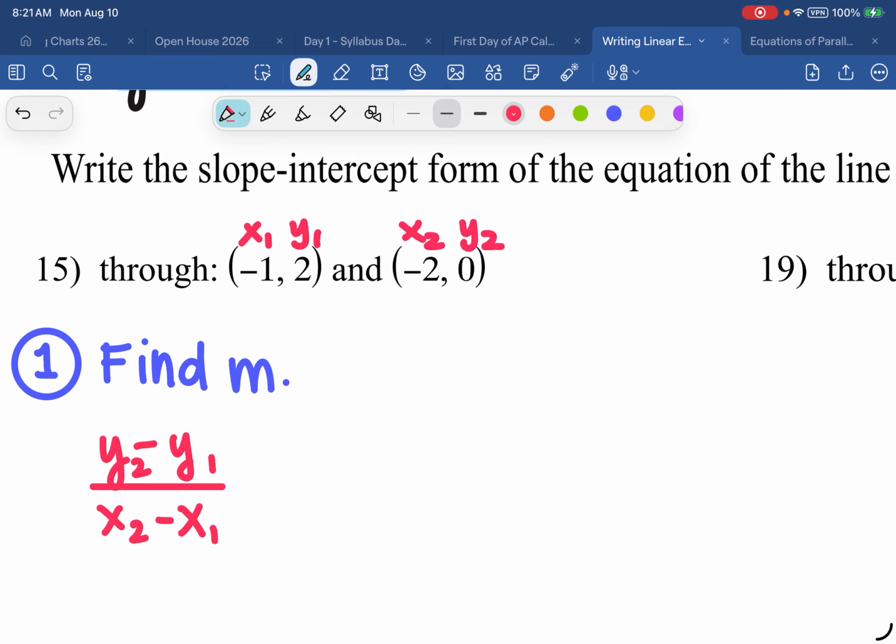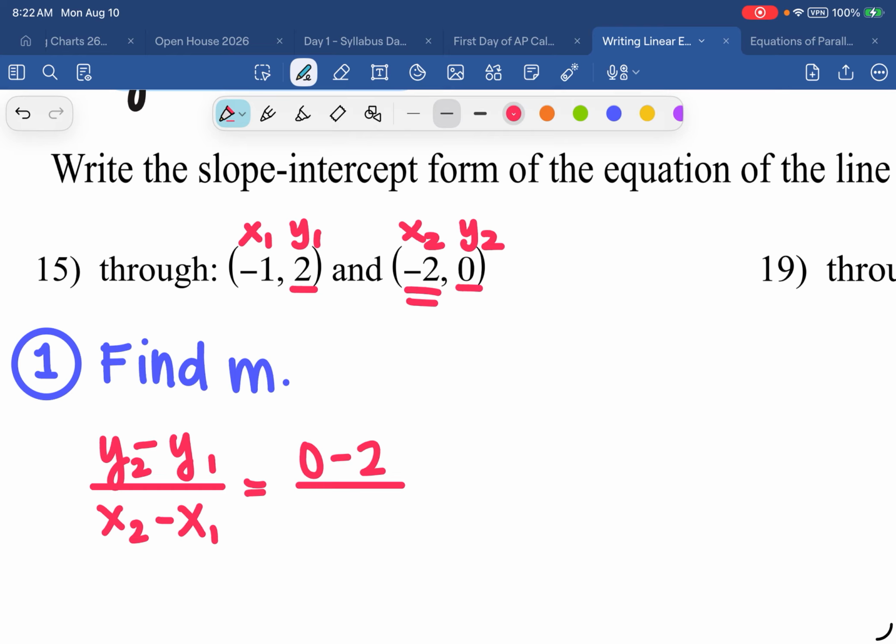Honestly, it doesn't matter which one is x1, y1 and which one is x2, y2 though. So just remember that as long as you're going the same direction both times on top and on bottom of this fraction, it doesn't matter. Let's follow along with what we wrote though. So y2 minus y1 would mean that we're going to take 0 minus 2 on top to find our slope.